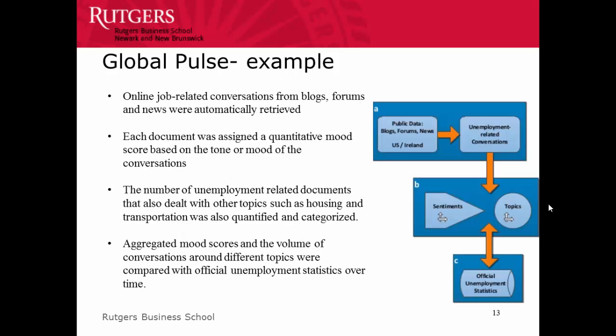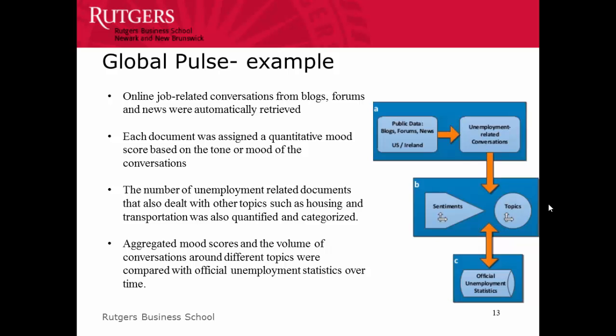So this diagram shows the process of the whole project. First, online job-related conversations from blogs, online forums, and news were automatically retrieved, and each document was assigned a quantitative mood score based on the tone and mood of the conversation, which I will discuss later.